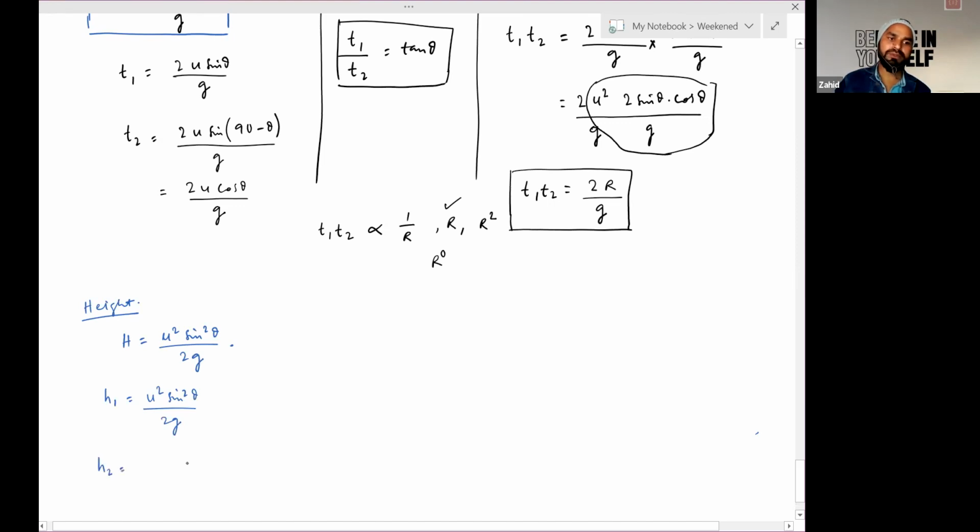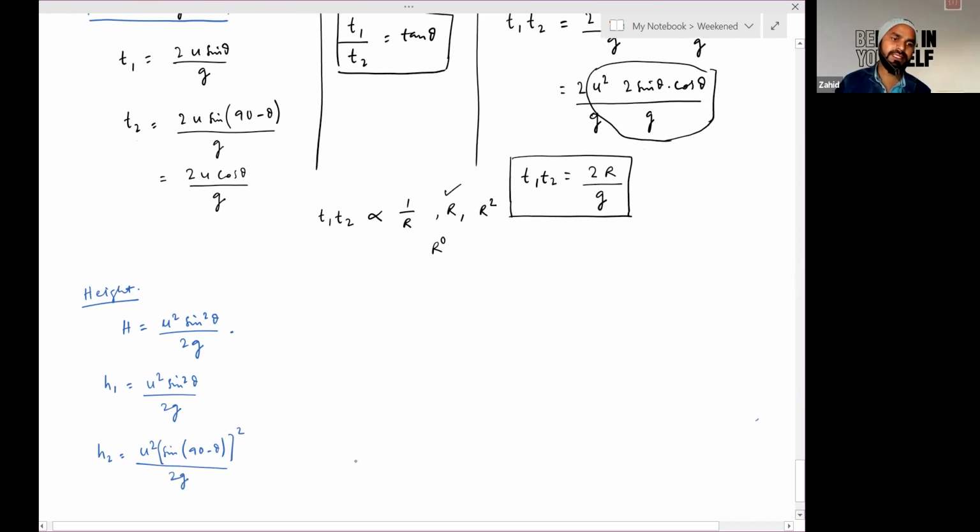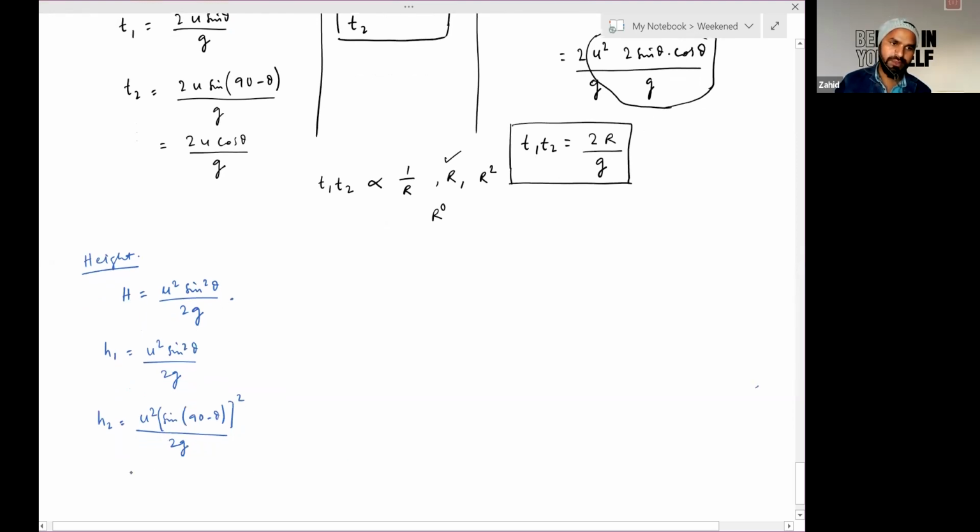And for h2, it will be for 90 minus theta, so you will get u square sin(90 minus theta) whole square divided by 2g. As sin(90 minus theta) is cos theta, on squaring it will become u square cos square theta divided by 2 times gravity, which is equal to h2.